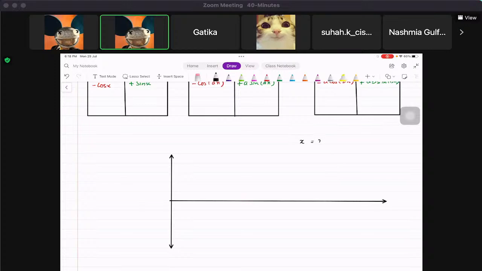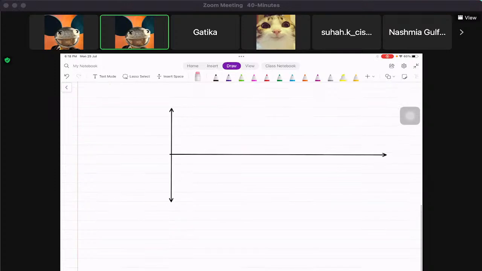X naught is, say, the maximum displacement. In fact, let me write it down so that you guys are not confused here. So let's suppose they've given an equation, x equals x naught sine of omega t, like that.